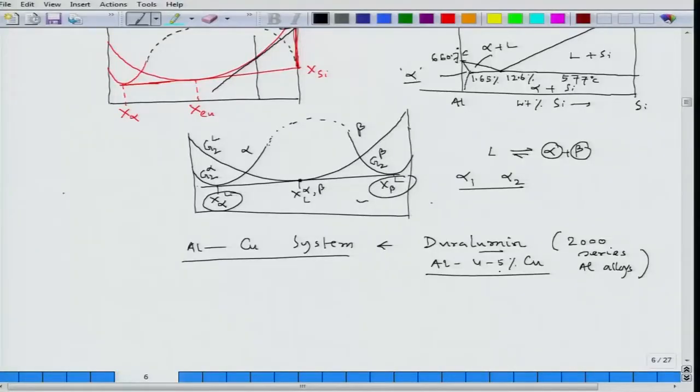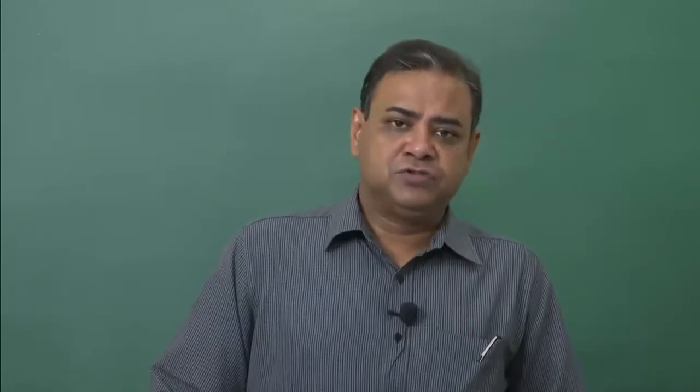But once we have the aluminium copper system, around 4 to 5% copper, and the aluminium and copper are in solution, the strength improves because of solid solution hardening, but that improvement would be very minor. If pure aluminium has a strength of about 100, it can improve to about 120.